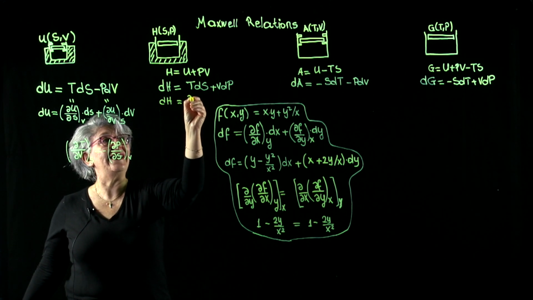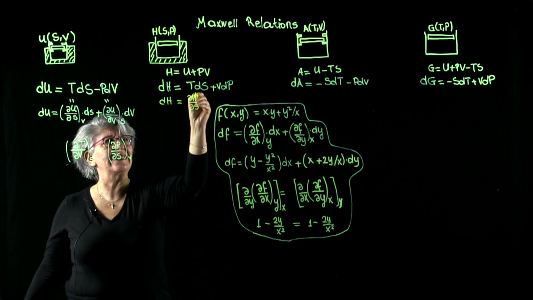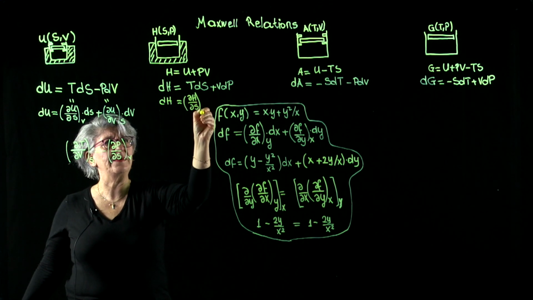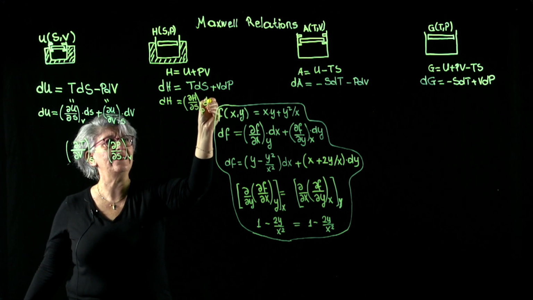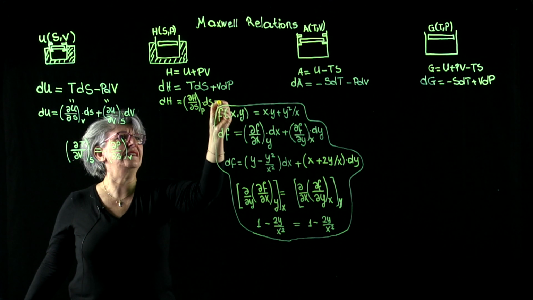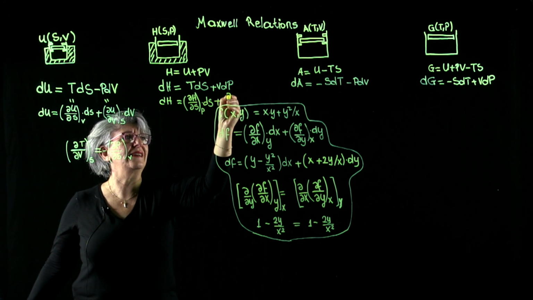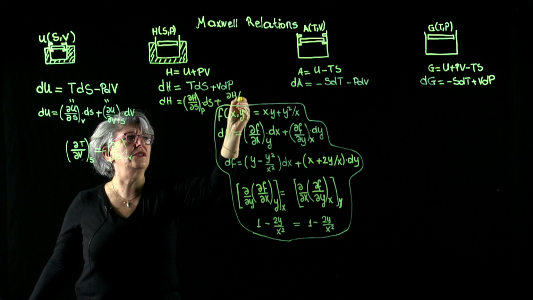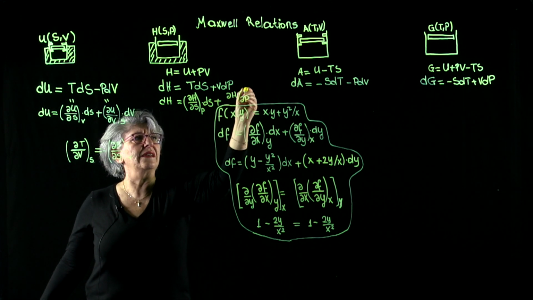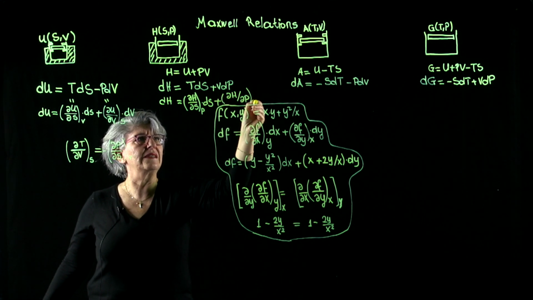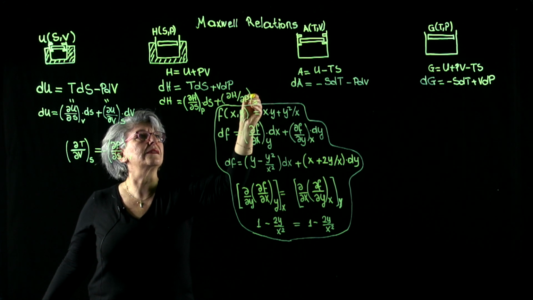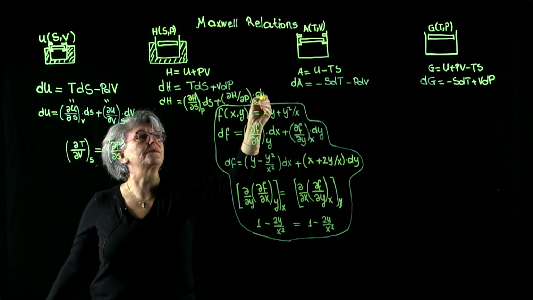Now we have del H over del S at constant P times dS, and we're going to have del H over del P at constant S times dP.